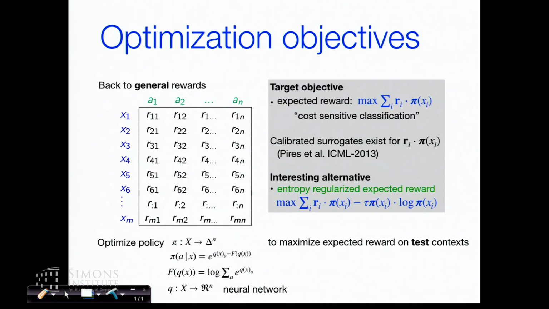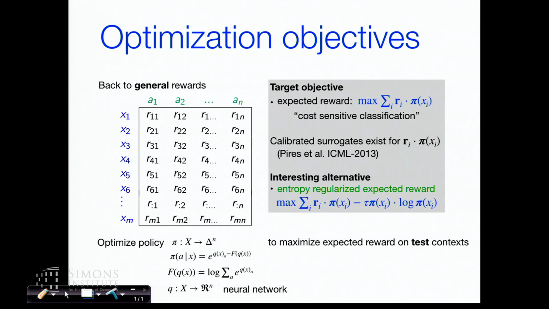Chaba and Bernardo and I think others have shown that indeed you can construct convex calibrated surrogate objectives for the general cost-sensitive classification task. What I wanted to share briefly is that once you start thinking of constructing surrogate objectives, it's pretty easy to come up with reasonable ones. I happen to like this entropy regularized trick, which has already come up several times today.